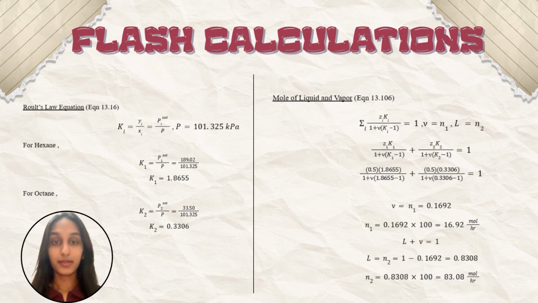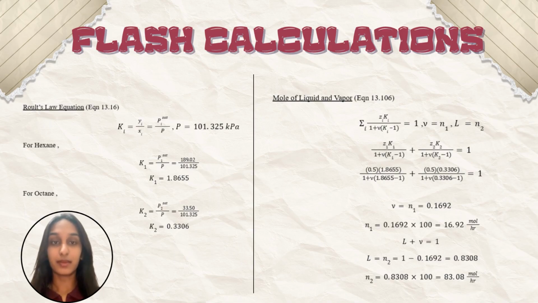Next, the equilibrium constants or K values were calculated. The K value of hexane is 1.8655, which is greater than 1, indicating that hexane preferentially enters the vapor phase. In contrast, the K value of octane is 0.3306, which is less than 1, showing that octane tends to remain in the liquid phase. The flash calculation then determined the equilibrium phase distribution.